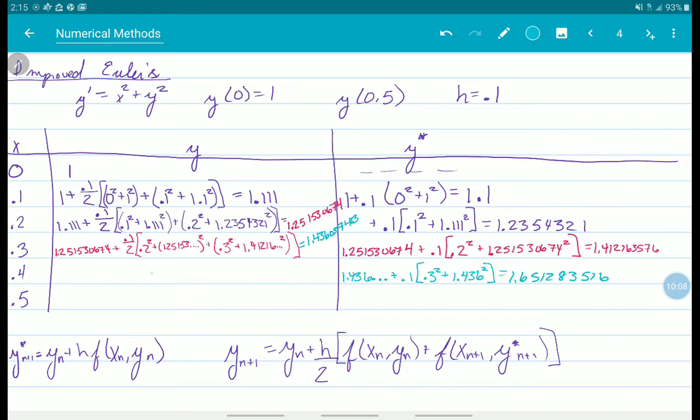So then to find that y, we can use this formula. It says it's that last y plus step size divided by 2 times, and then we're evaluating the differential equation at that last x, y.